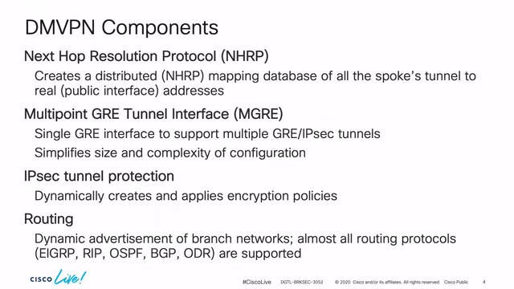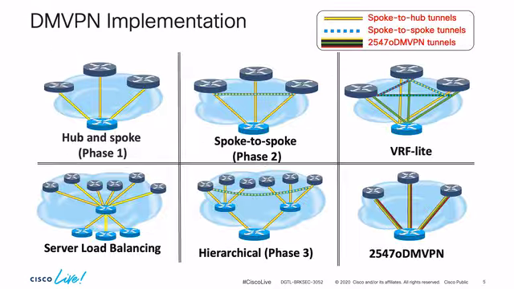How was DMVPN implemented? A little bit of history. We started off with hub and spoke, which was our phase 1. We could only communicate between the hub and the spoke. If two spokes had to communicate, they had to pass all the traffic via the hub. Obviously, this was not scalable, because we had customers who wanted spoke-to-spoke communication too.